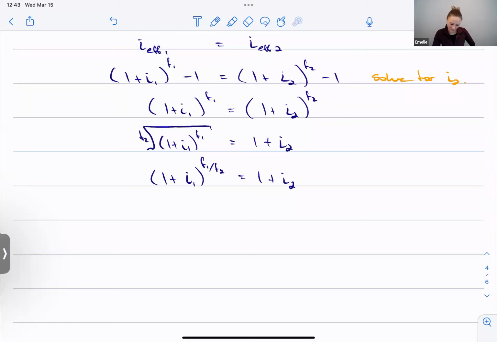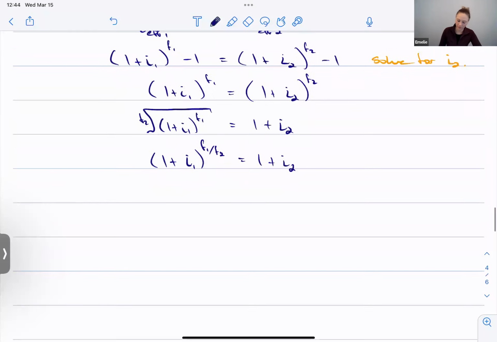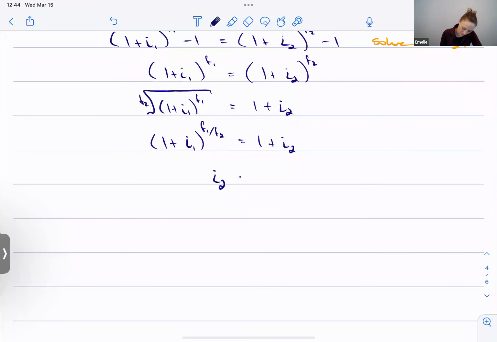We just need to solve for I2, which I'm going to do by subtracting 1 from both sides, but also I'm going to switch them because I like to have I2, the thing I'm solving for, on the left-hand side. So I2 is (1 plus I1) to the power of F1 divided by F2, and then minus 1. And there, we did it.